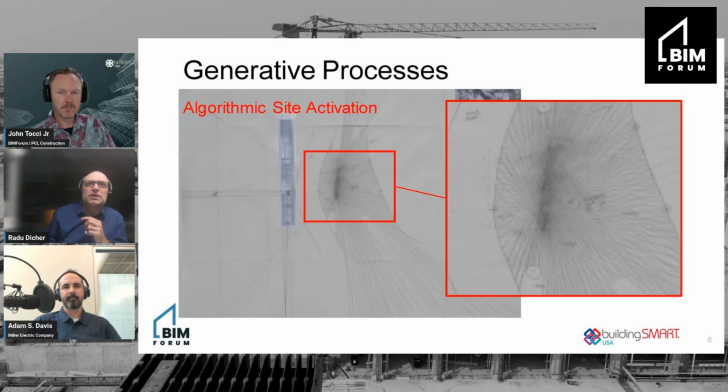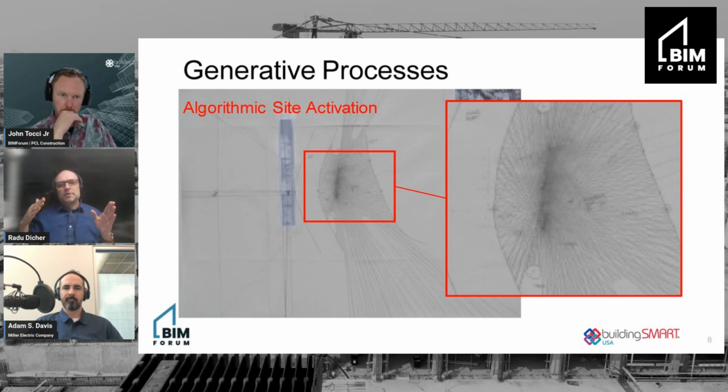A second project involves algorithmic site activation. In this, basically, I'm mapping visibility and experiential access to space within a site along a path. There's an XY aspect to this, and also a visibility aspect along the path that I'm trying to involve.